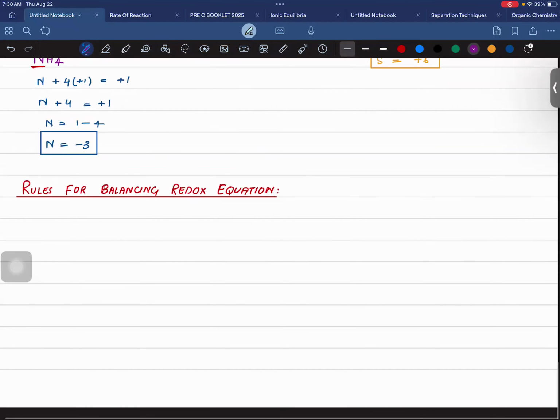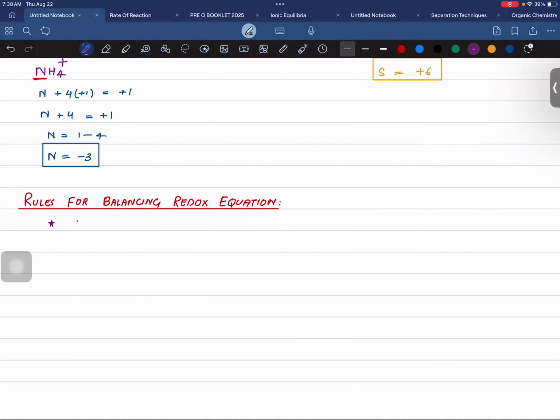Number 1, split the equation into two halves.